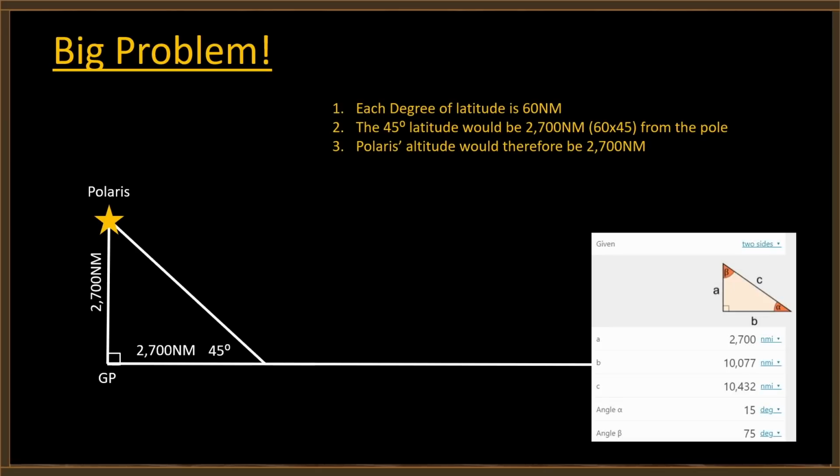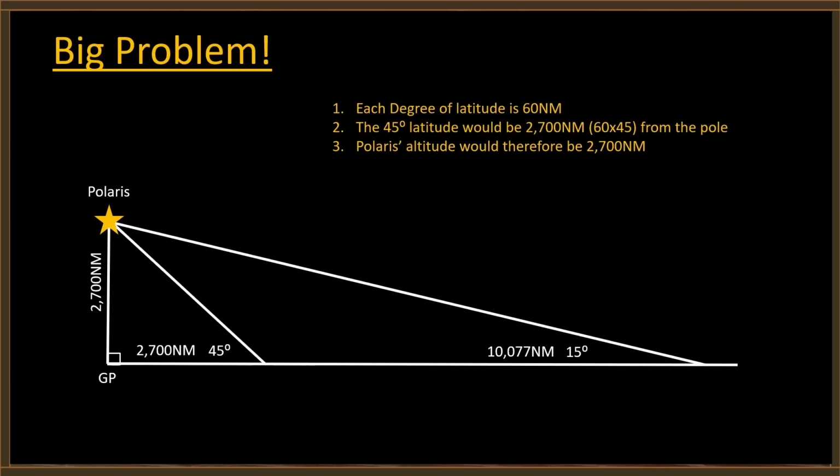Now let's go to the triangle calculator. Let's look at 15 degrees, angle alpha. That would be equivalent to a 15-degree latitude. Let's input 2,700 miles as the altitude of Polaris, that's side A, and you see that the distance from the GP, which would be side B, is 10,077 miles.